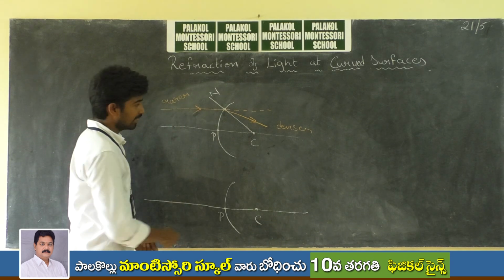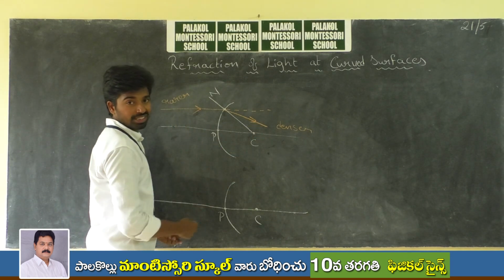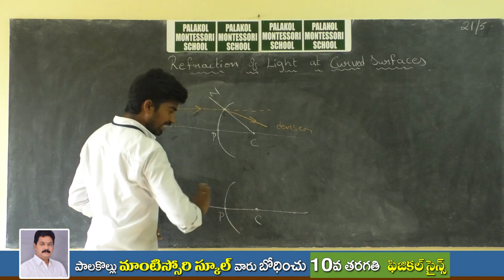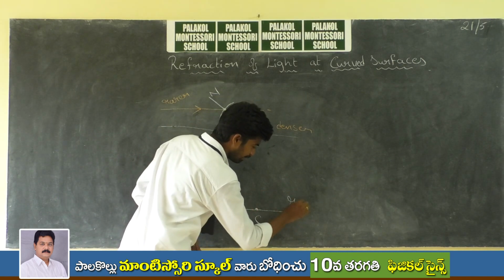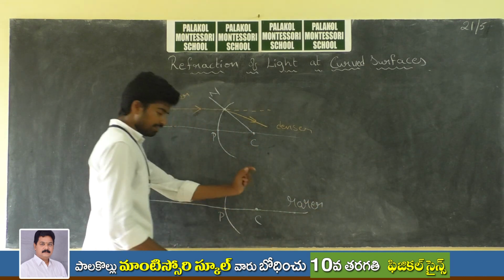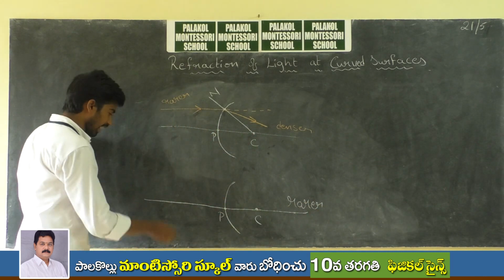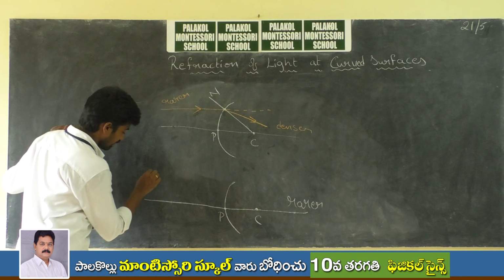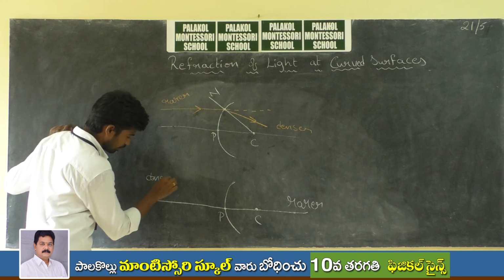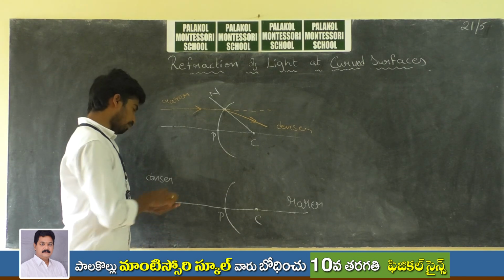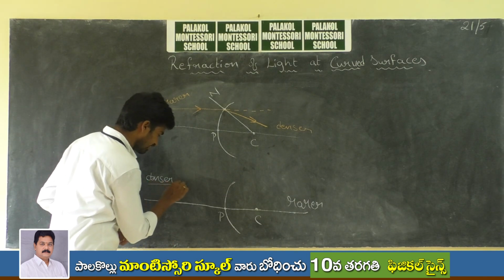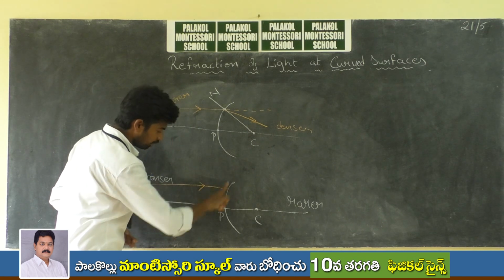In this case, I have reversed the situation: the right-hand section is the rarer medium and the left-hand section is the denser medium. In both cases the light is incident on a convex surface.